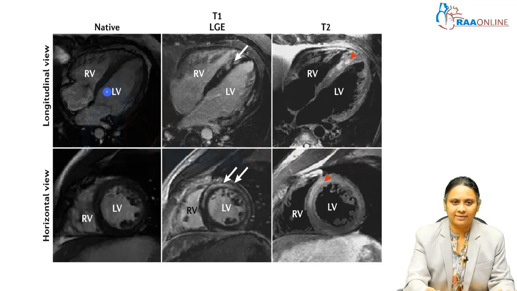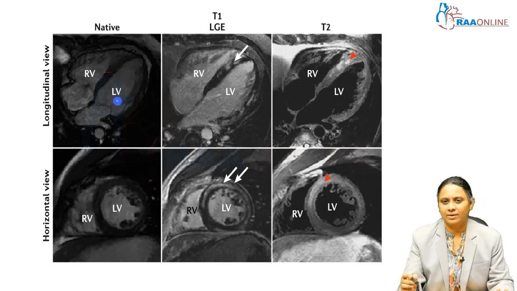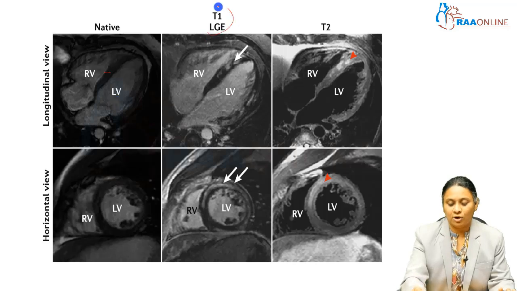contrast. You can see the native longitudinal view and a short axis view of the LV and the RV. There is not much involvement of the RV, but the RA is dilated, the LA looks a normal size, the septal thickness is maintained, and the LV is normally elliptical. In the late gadolinium enhancement image, which is not the native T1, there is scar involving the mid interventricular septum or the distal apical interventricular septum, while here you can see the late gadolinium enhancement scar, the white pattern.